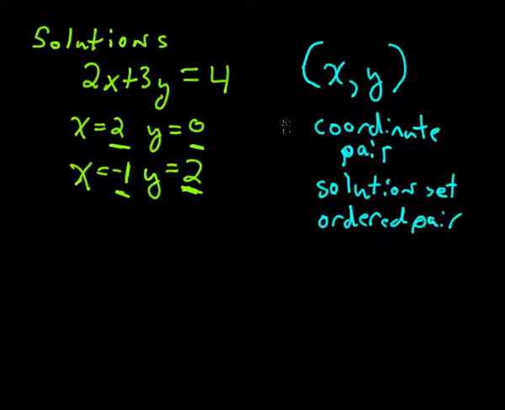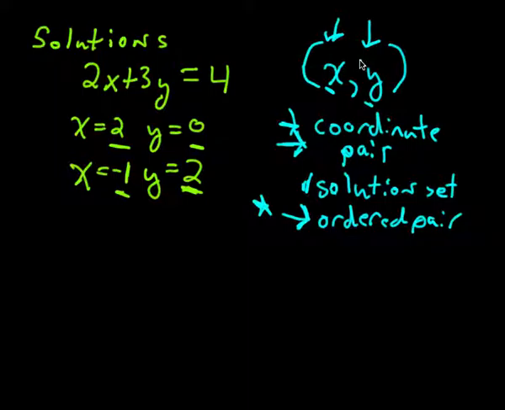Now, coordinate pair we'll go into when we start using Descartes' system of organizing things. And solution set is a more general way of saying it. For what we're doing here, you'll hear ordered pair said a lot because it's a pair of numbers in an order, x, comma, y, ordered pair.